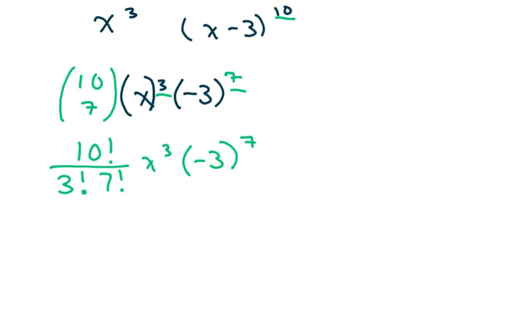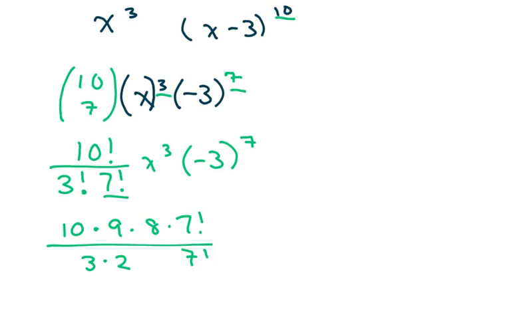And then what I do is I write 10 times 9 times 8, and I stop at 7 factorial because I can cancel that out. And I'm going to write 3 times 2. So that cancels, and 3 goes into 9 3 times, 2 goes into 8 4 times.